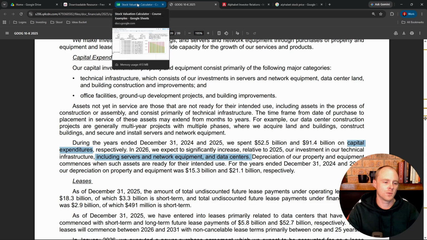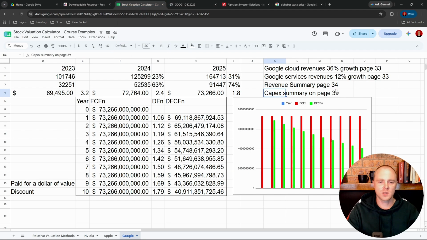So because of the cash flows and the benefits from this new wave of infrastructure and capital expenditures, we don't know how profitable the business will be in the future and how much these investments are going to pay off. Now, the management team is pretty rational in terms of how they've run Google so far to grow it to where it is today.